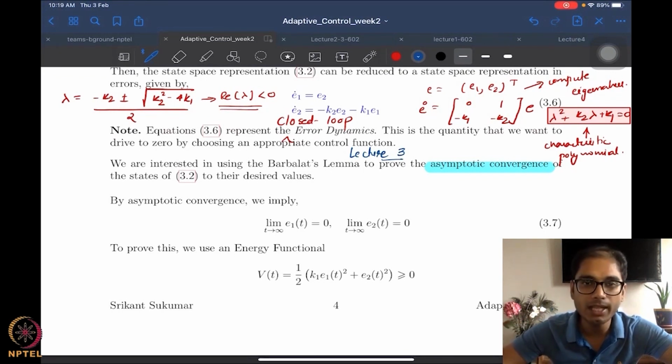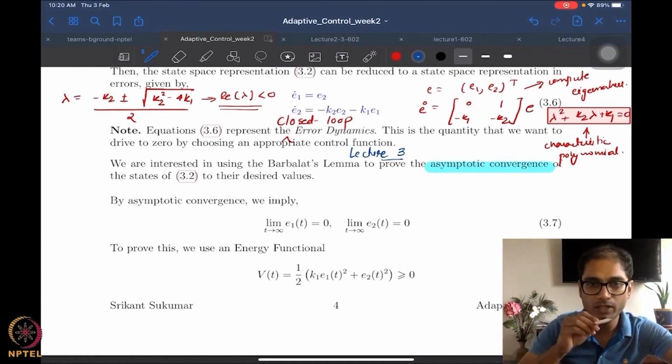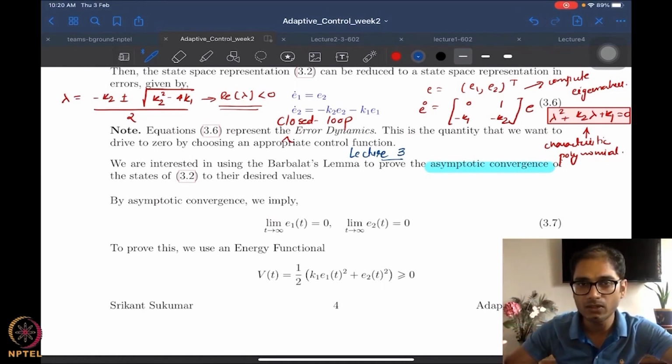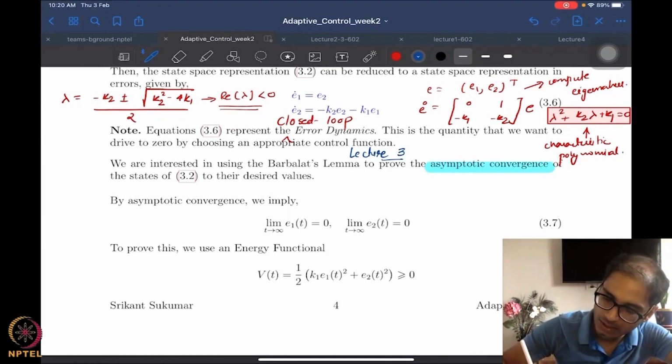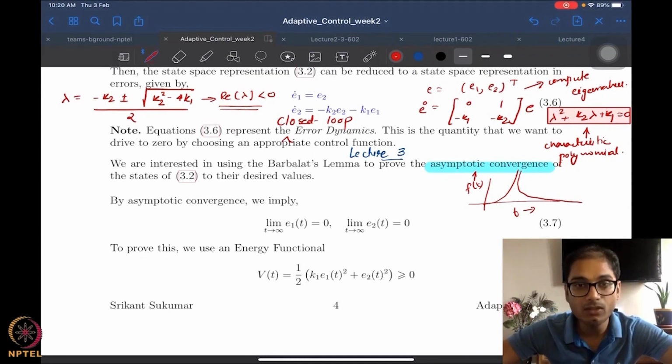It might very well be the case that the function goes to infinity, explodes, and then comes back and converges to zero as t goes to infinity. So you could have something like this. You could essentially have something funny happening to the function before infinity, and this is not really predicted by Barbalat's lemma.